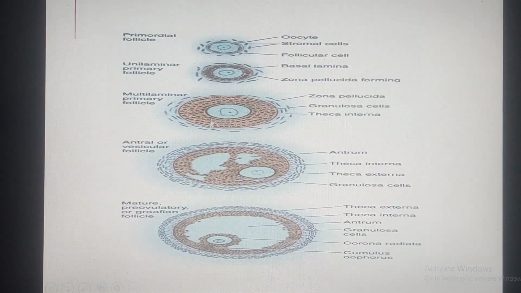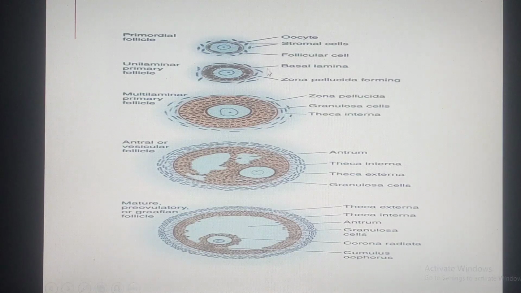It could be 2, 3, 4 or even 5 layers, and we still have our primary oocyte in there. You can see that the zona pellucida has now formed better, and we have several layers of cuboidal cells. If you have such a phenomenon, we call it a primary multilaminar follicle.